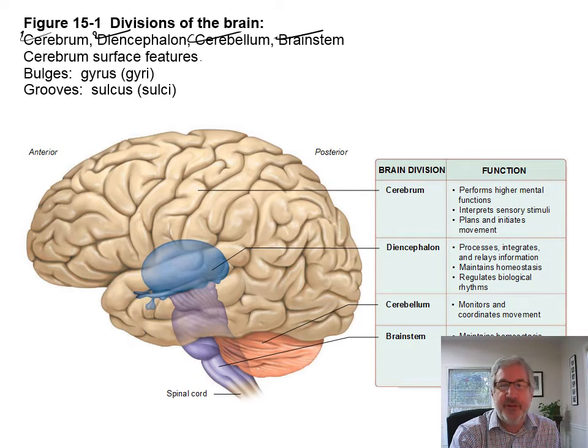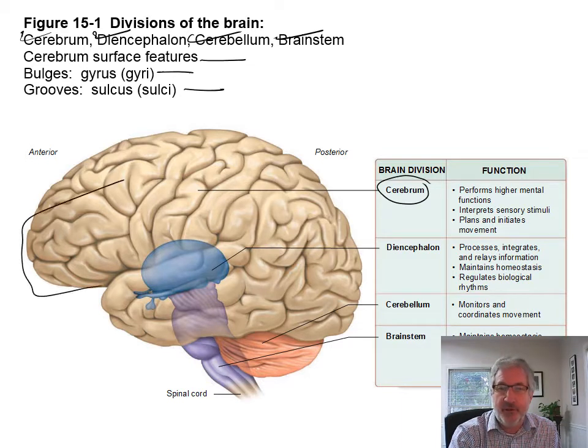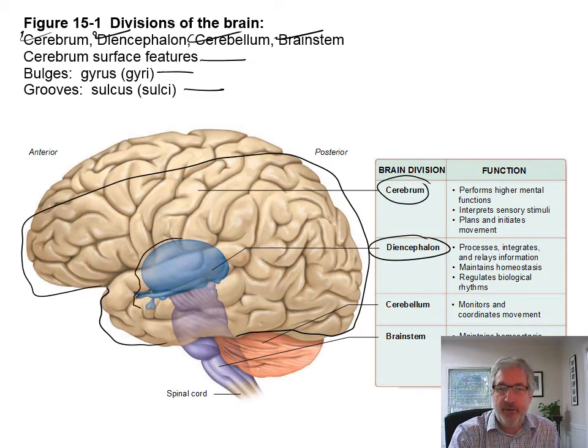So we're going to look at the surface features of the cerebrum, and we have the bulges are called gyri or gyrus. Grooves, each one is called a sulcus or sulci. So here's the cerebrum. This is this whole outer region of the brain that you can see all the way around. And then here's the diencephalon. So that's this whole bit here.